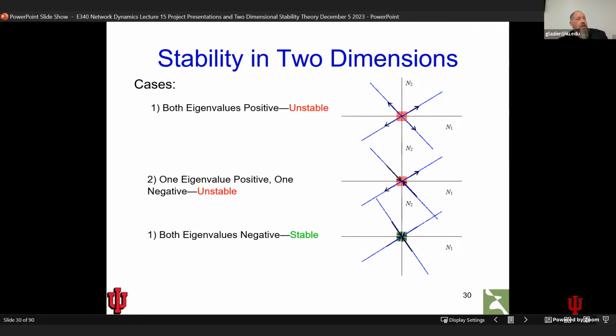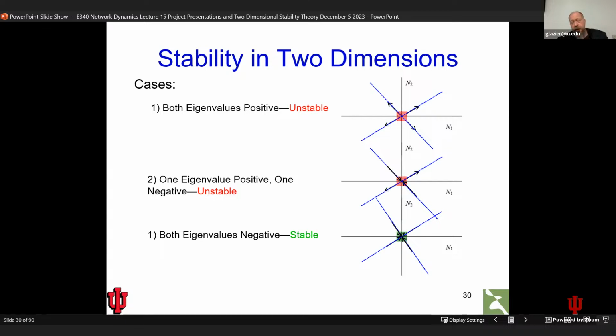In 2 dimensions, I could have 2 positive eigenvalues, in which case I'm unstable in both directions. I could have one negative eigenvalue, one positive, in which case I'm stable in one and unstable in the other. And I could have both negative, in which case I'm stable.